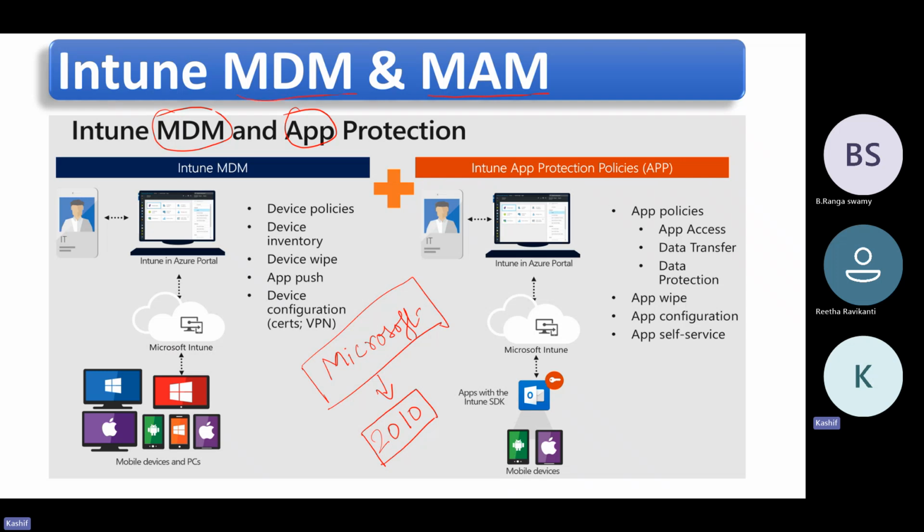We have many features in Intune, but the main role of Intune is to manage devices and manage applications, MDM and MAM. So what all devices can you manage? You can manage Windows devices, Apple devices, Android, then Windows Phone and iOS iPhone devices.